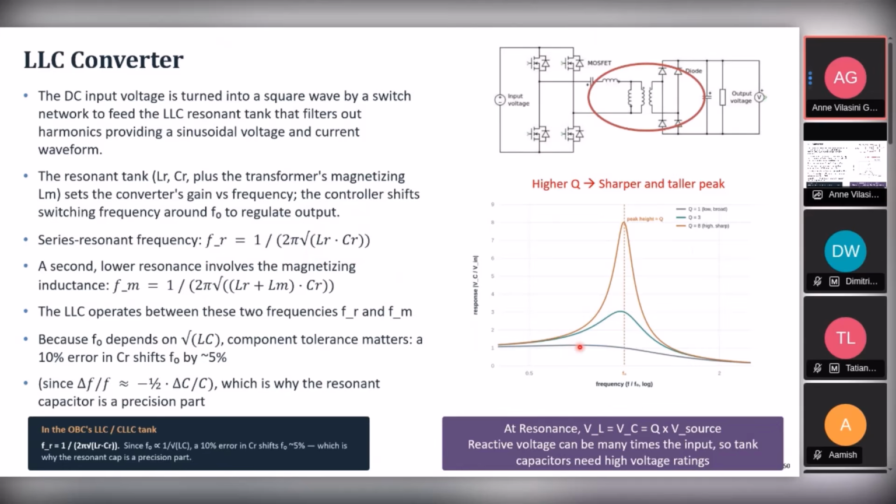Let's assume there is a 10% error in the resonant capacitor, then it's going to shift the whole curve by approximately 5%. That's why the resonant capacitors and inductors must be highly precise components. At resonance, the voltage that the components see is Q times the voltage coming from the source, so they should also withstand voltages which are much higher than the input voltage.